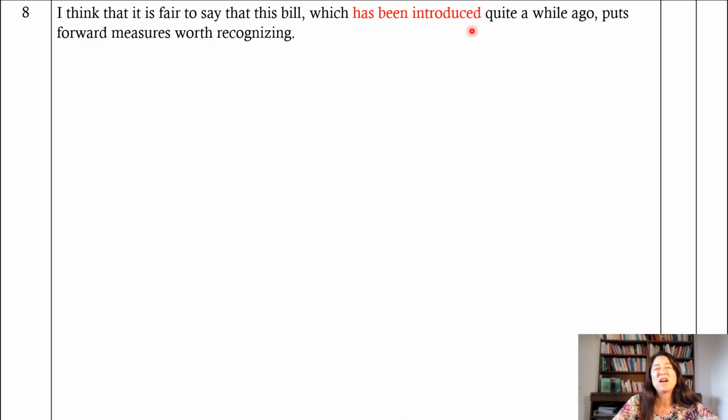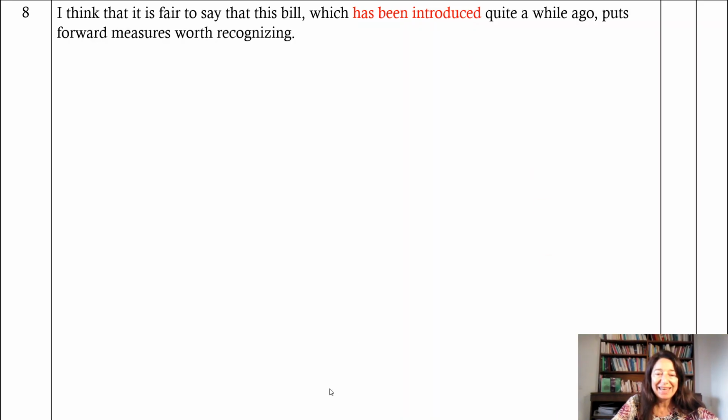How can we put ourselves in the shoes of the speaker and really know what they want to express? Well, we need to look for markers. So what marker, what words, what little word can we highlight here that will let us know how the speaker sees what they're talking about here?